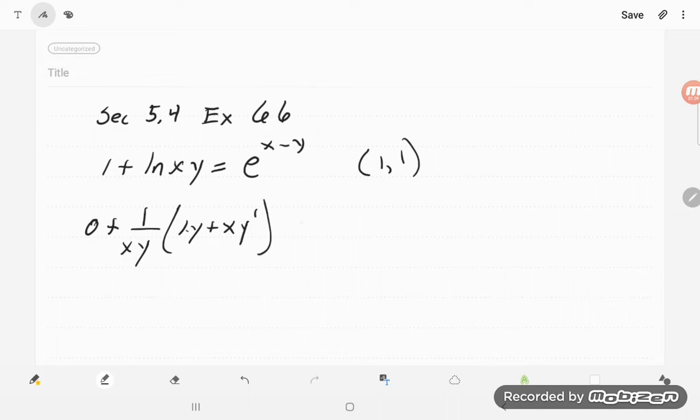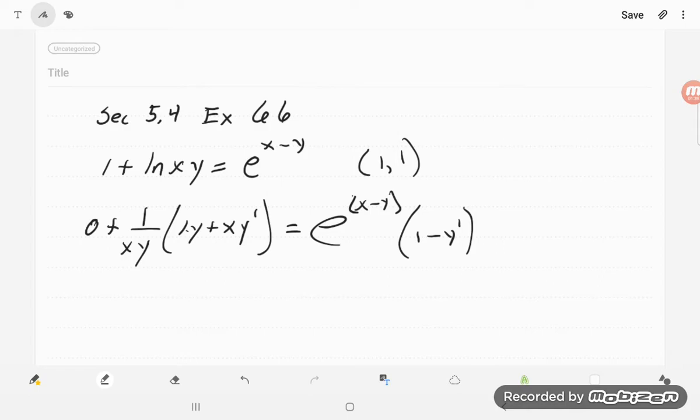And that equals, well, the derivative of e to the anything is e to that thing, times the derivative of what's up there, so I'll get a 1 minus y prime, like that.